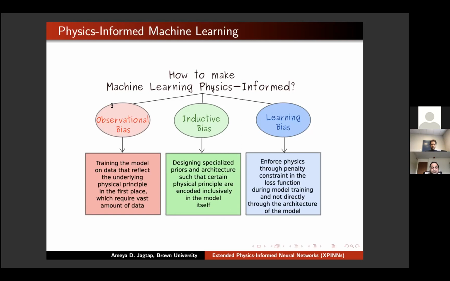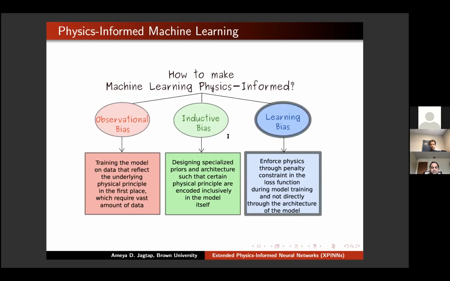The next one is the inductive bias, which amounts to designing specialized priors and architectures such that certain physical principles are encoded inclusively in the model itself. The third one is the learning bias, which amounts to enforcing physics through penalty constraints in the loss function during model training, and not directly through the architecture of the model, as we discussed in the inductive bias. Among all three, we are actually going to focus on the learning bias here.